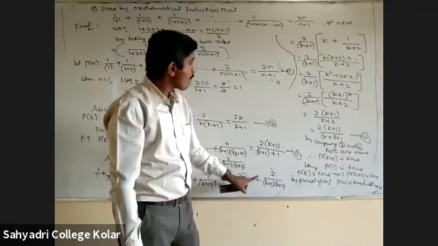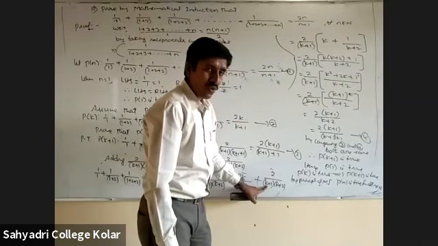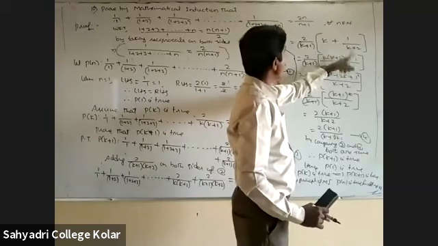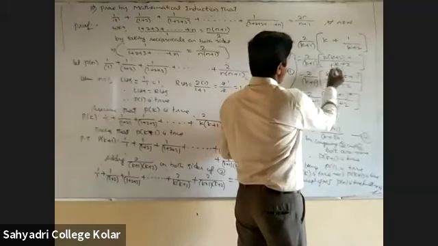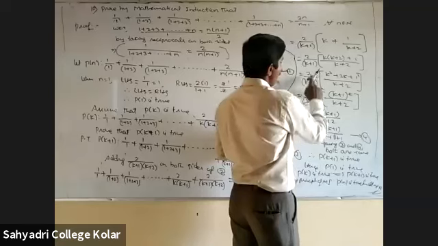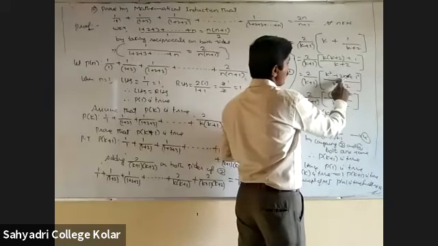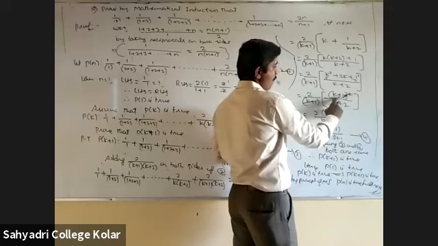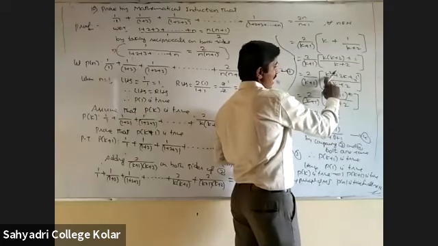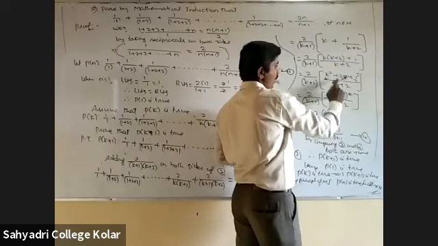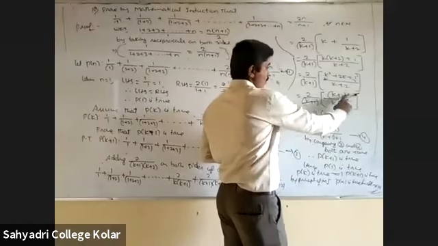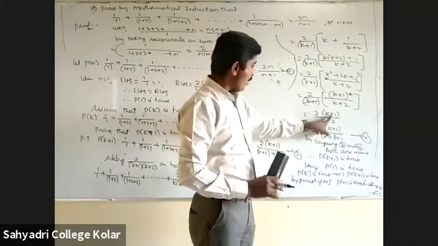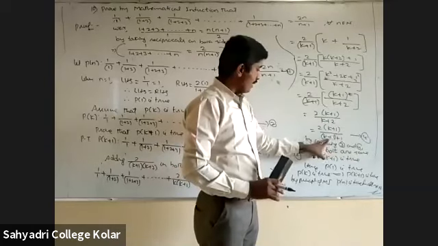Remaining is k from the first term and 1/(k+2) from the second. Taking the LCM k+2, we get k(k+2)+1. So 2/(k+1) times (k² + 2k + 1), which is a² + b² + 2ab for (a+b)² with a = k, b = 1, so (k+1)², divided by k+2. Here (k+1) gets cancelled, giving 2(k+1)/(k+2), that is 2(k+1)/(k+1+1).